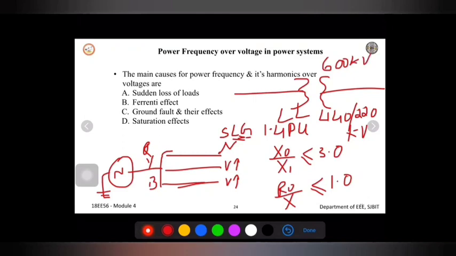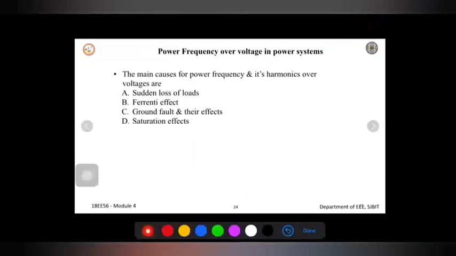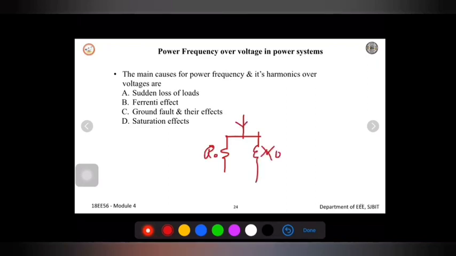So now what happens to the magnetizing current? If you remember, your no load circuit is called the magnetizing circuit, where R0 and X0 will be there. The current flowing here will be your magnetizing current.